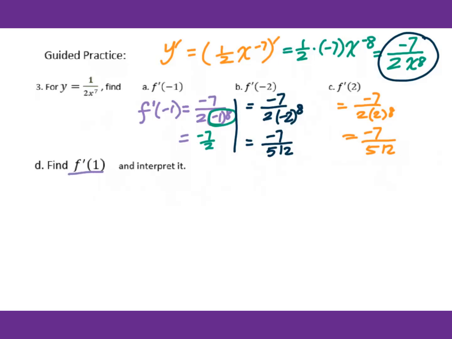For derivative of f at y equals, negative 7 over 2 times 1 to the 8th power equals negative 7 over 2. How to interpret?